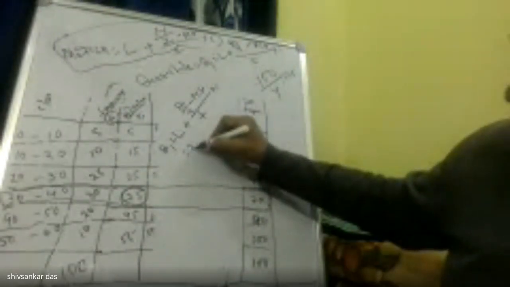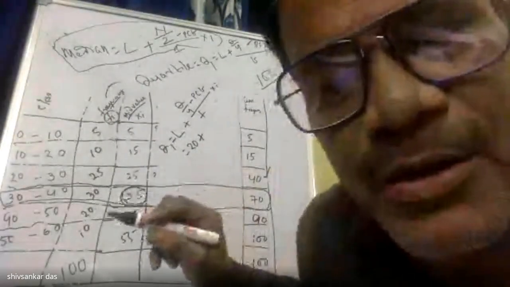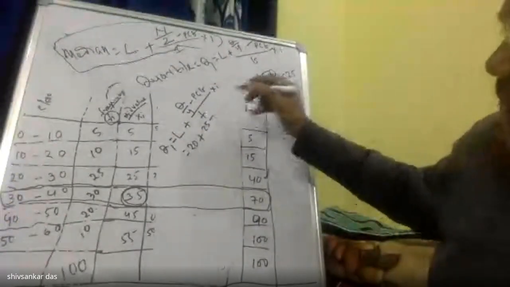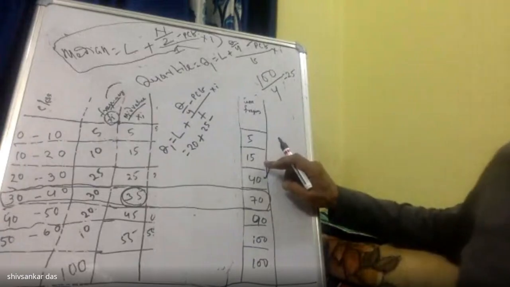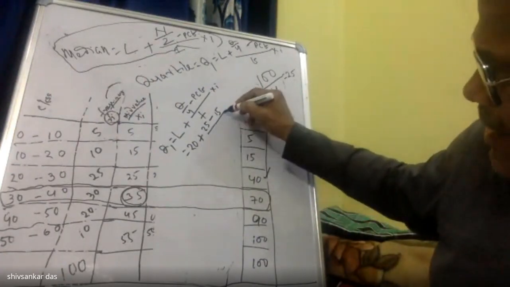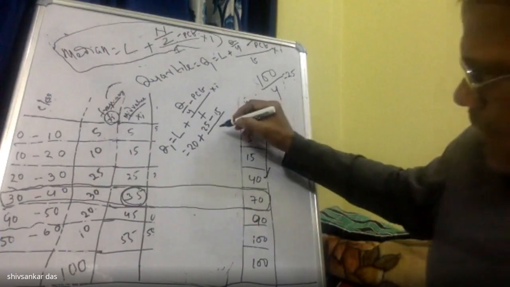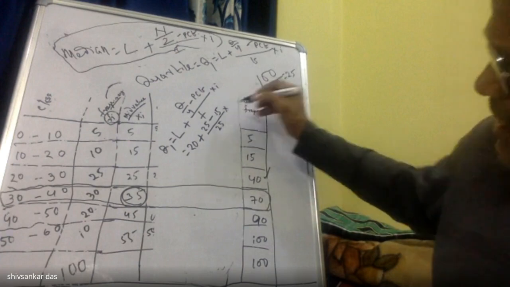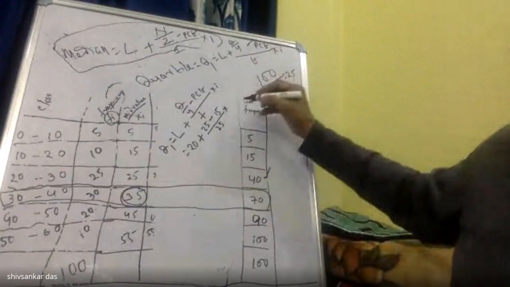So I'll say 20 plus Q by 4, which is 25, minus previous cumulative frequency, which is 15, divided by its own frequency, 25, into I, the width, 10.